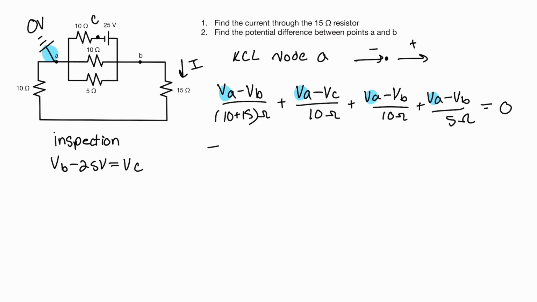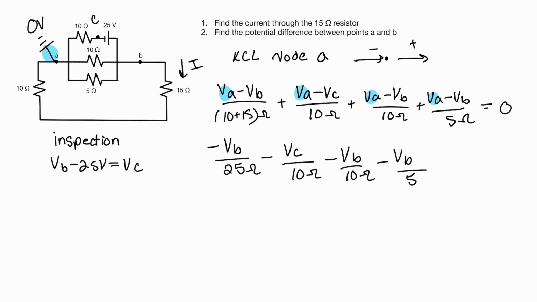So negative VB over 25 ohms, negative VC over 10 ohms, minus VB over 10 ohms, minus VB over 5 ohms equals 0. And then the way I do this, I like to clear out the denominator.